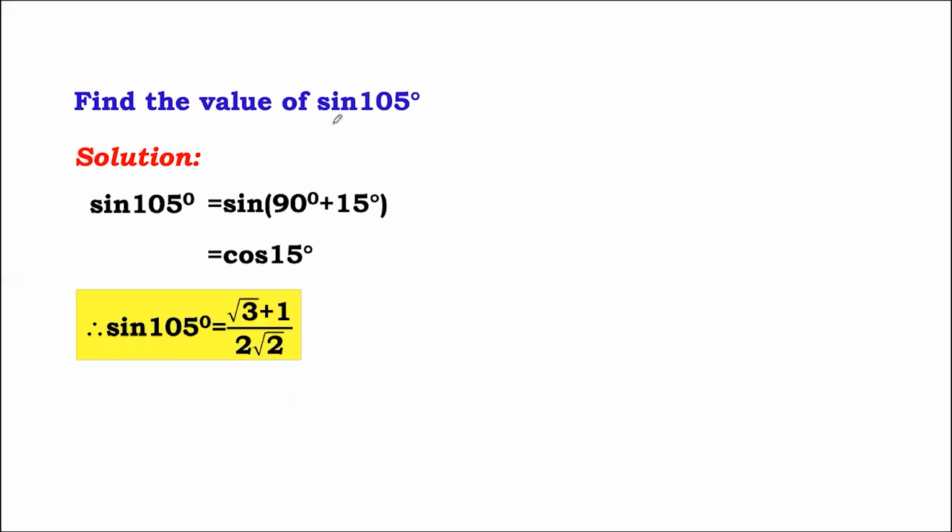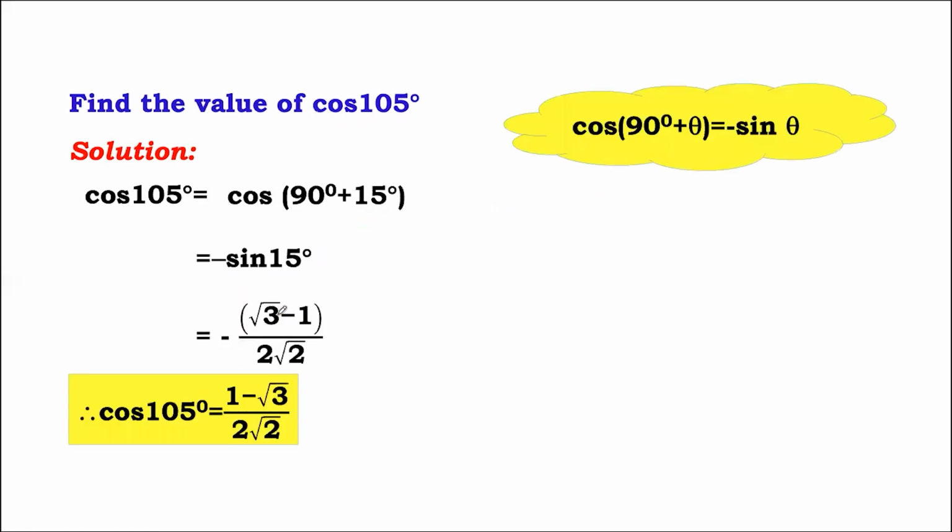So what about sine of 105 degree? 105 degree is 90 plus 15, the simplest way, or you can go for sine of 60 plus 45 also. Again, you'll get it with the basic formula. But if you know the sine and cos of 15 degree, we can directly apply that for sine 105 degree.